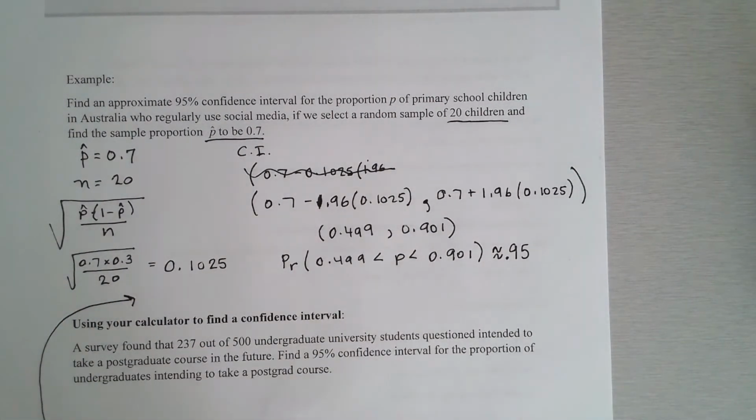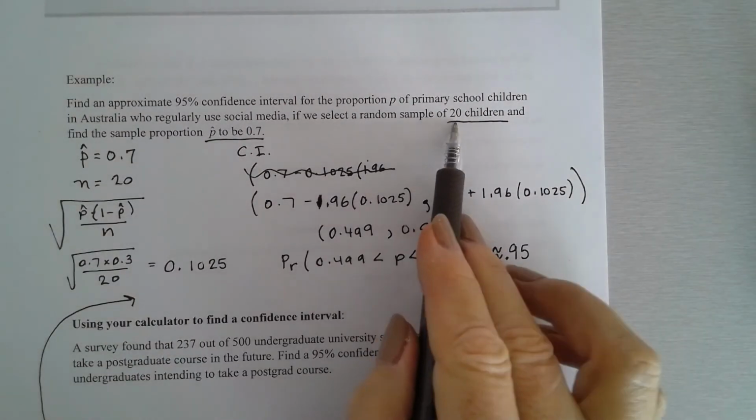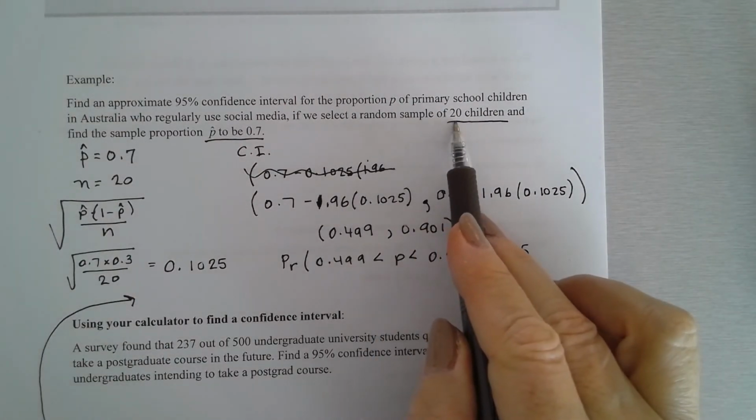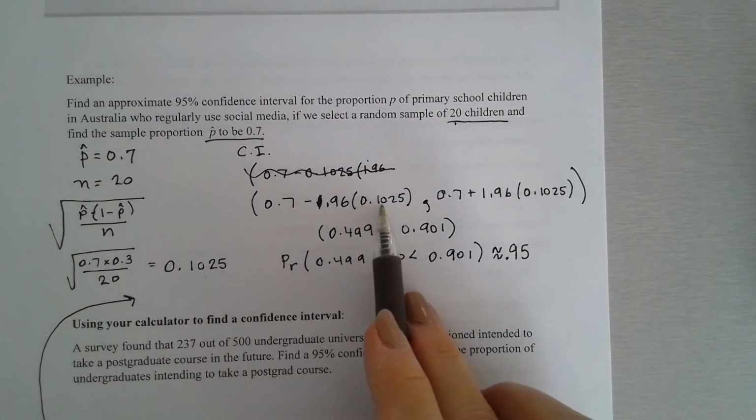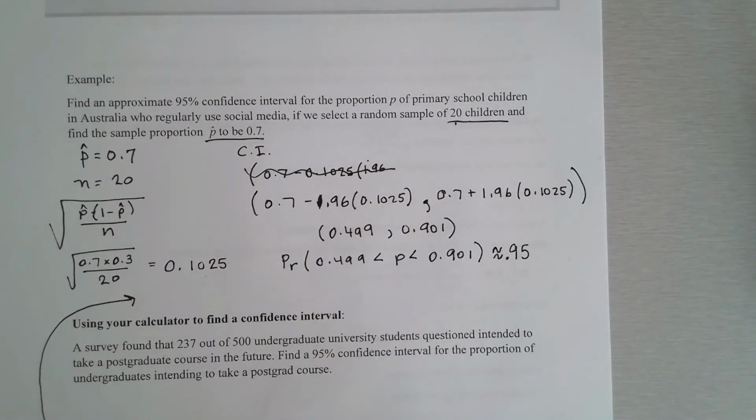So, what unwidens that, what do you think? What do you think makes it so that I get a better confidence interval? More people, right? So if I redid this and did it with 200 children, the outcome would be a lot different. This number would be different. It would be multiplying by these numbers. It would be a lot different.